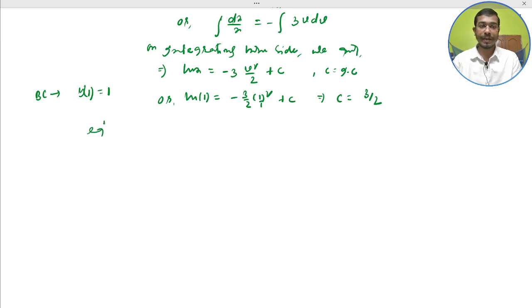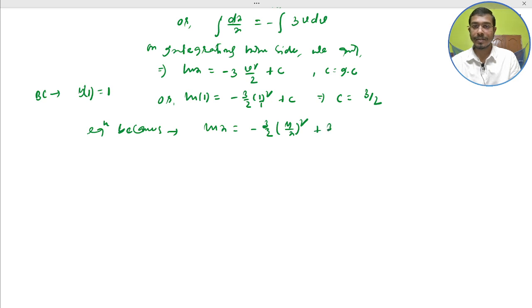So the equation becomes ln x equal to minus 3 by 2 (y by x) square plus 3 by 2. Simple. Now solve this.